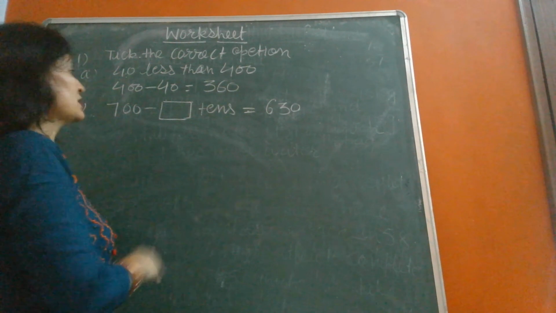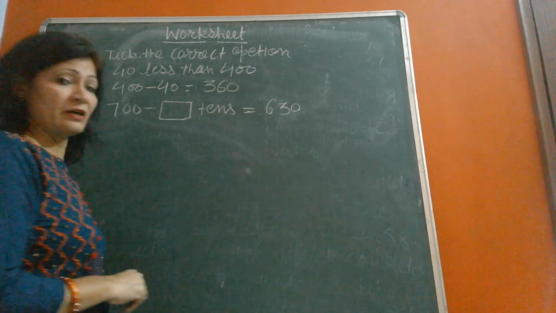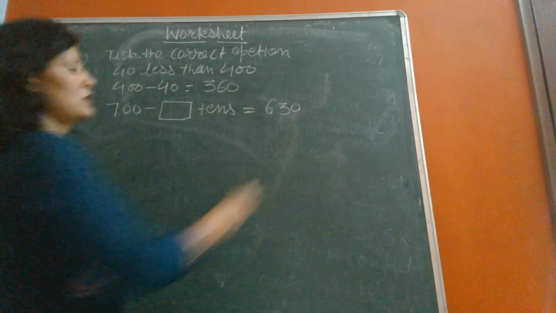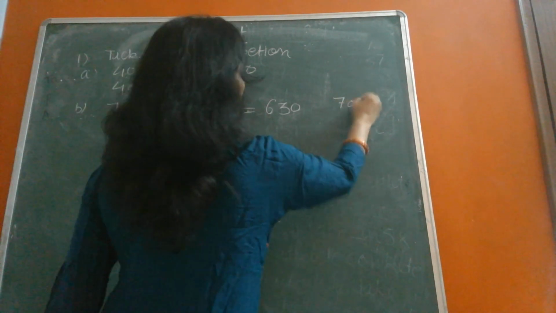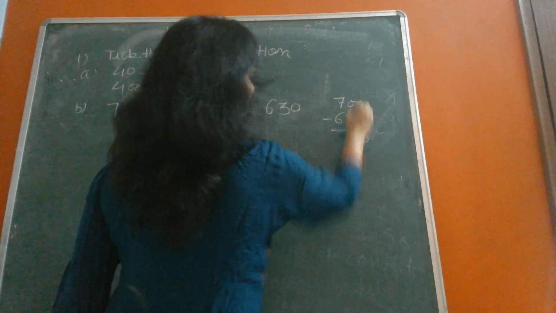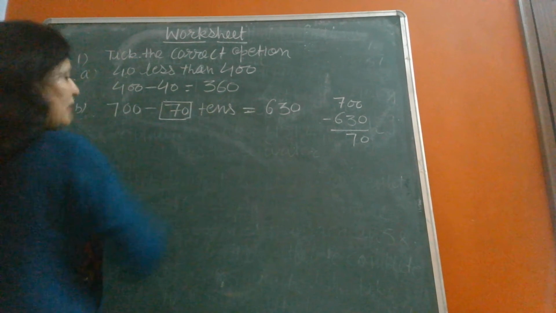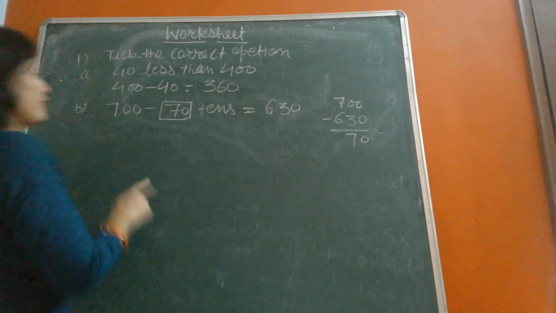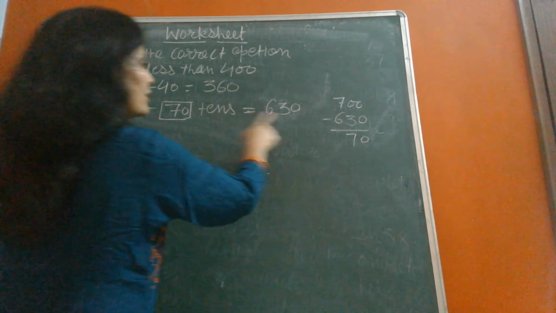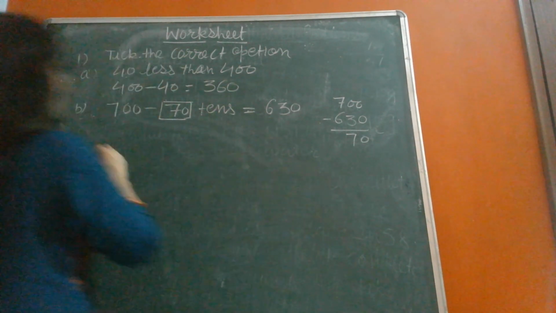If we subtract 630 from 700, we get 70, which will be in tens. So if we subtract 70 from 700, we get the answer 630.